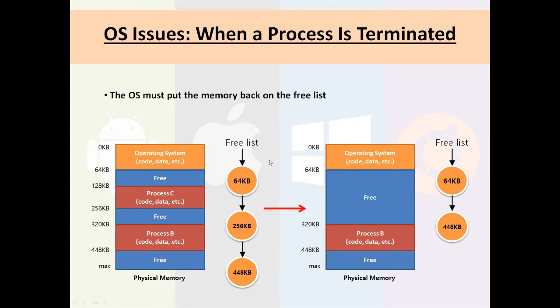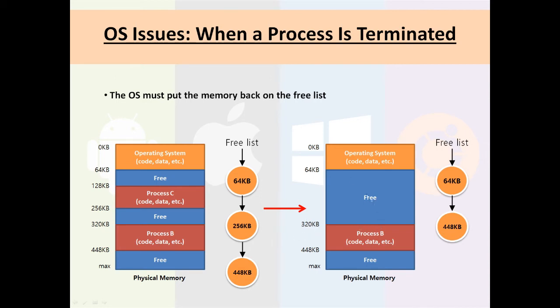So what happens when a process is terminated? So here we have our hypothetical physical memory with its hypothetical free list. When a process is terminated, the OS must put the memory back on the free list. It must make that memory available again. So here, hypothetically, process C is concluded and terminated. So we need to adjust our free list in order to account for that change.